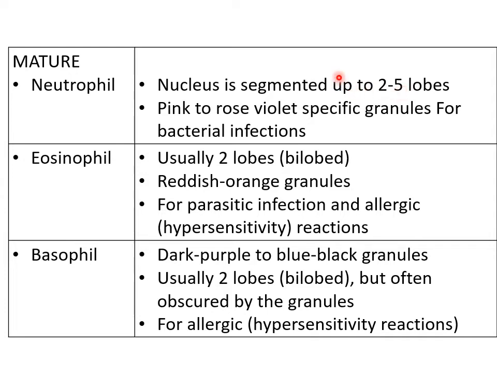So, ito yung pinaka-basis of their identification halos, if ever pangit yung kulay ng granules. So, if ever maganda ang staining reagent mo, ma-appreciate mo ang specific granules na ang kulay nila is pink to rose violet. And this is for bacterial infection, almost always.